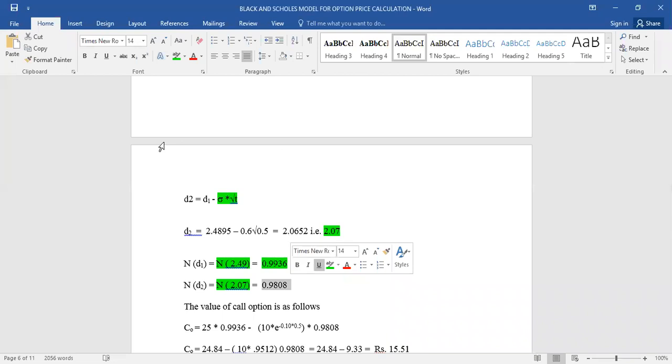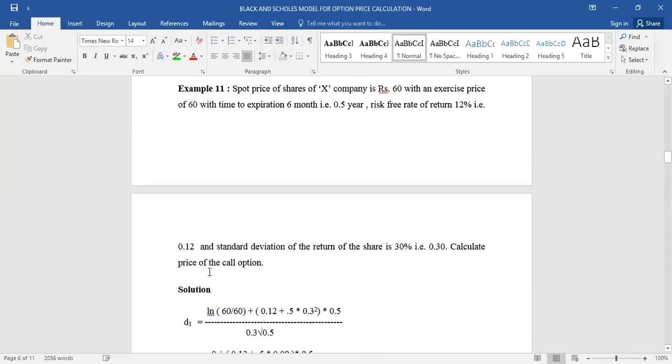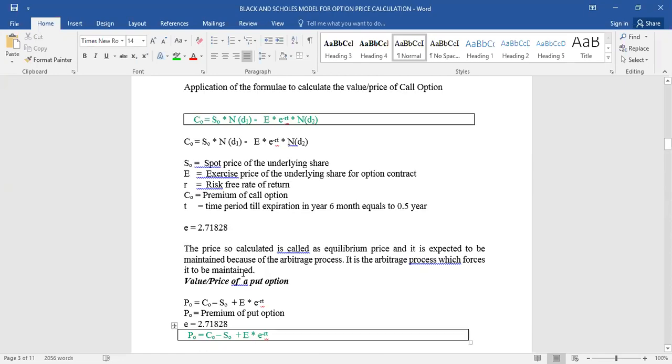Then we take the formula for finding out the premium of call option. Let me pick the formula for you from my previous slide. This is the formula we have to use. Here we go.